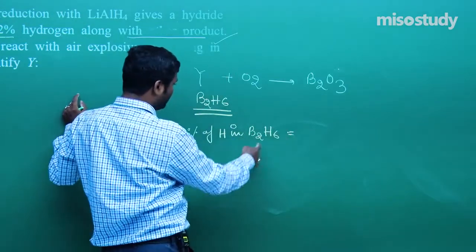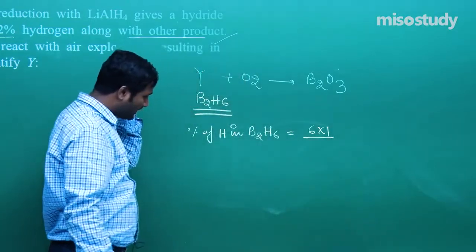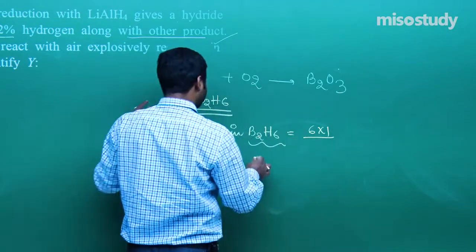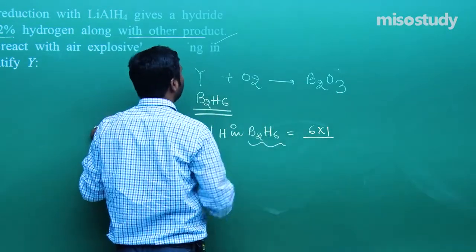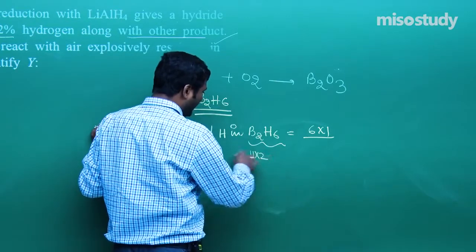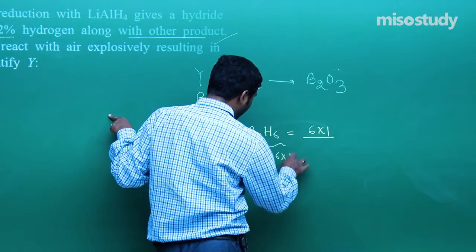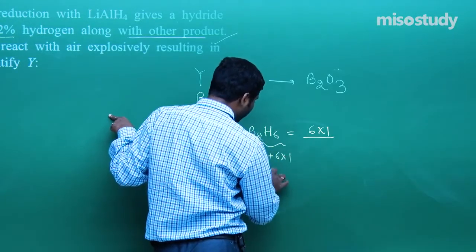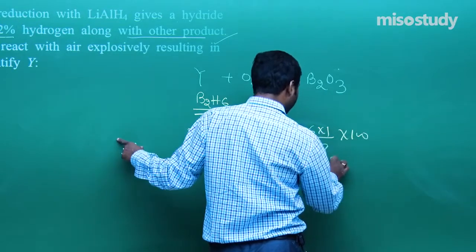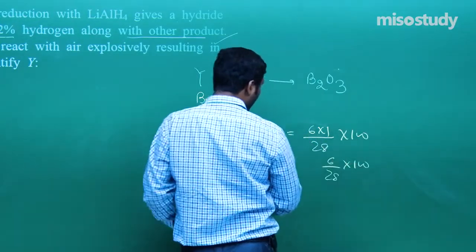Now calculate the percentage of hydrogen in B2H6. That is total 6 into 1. What is the molecular mass of B2H6? The atomic number of boron is 5, atomic mass around 11, so 11 into 2 is 22, plus 6 into 1, that is 22 plus 6, 28, around 28, multiply by 100. 6 upon 28 into 100. Clear to you?